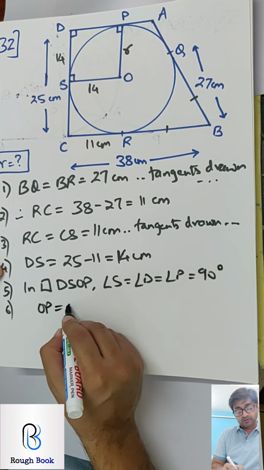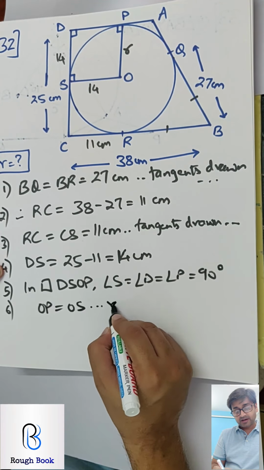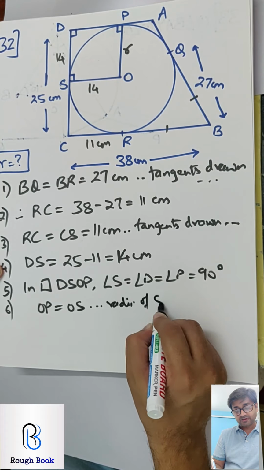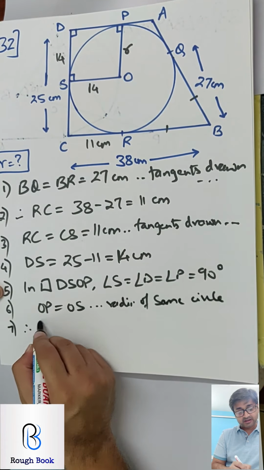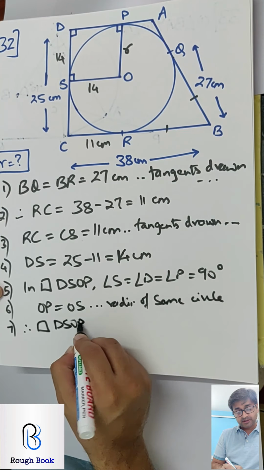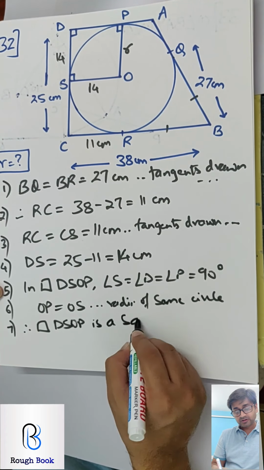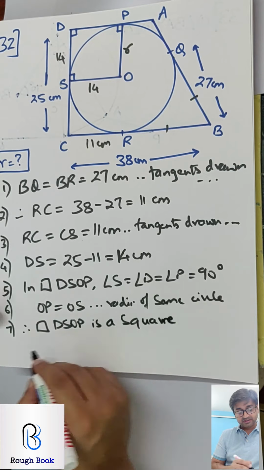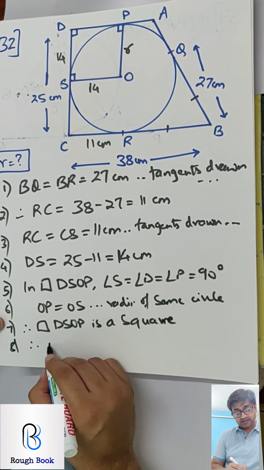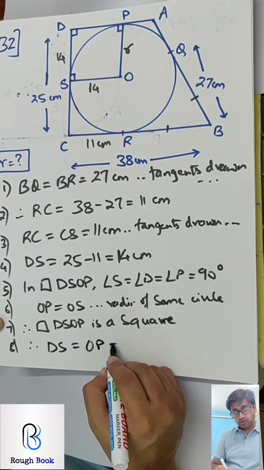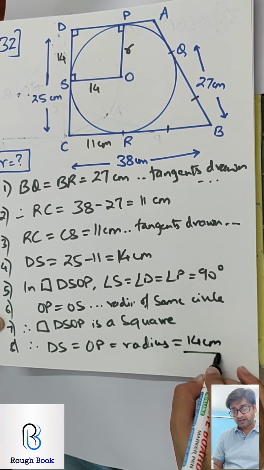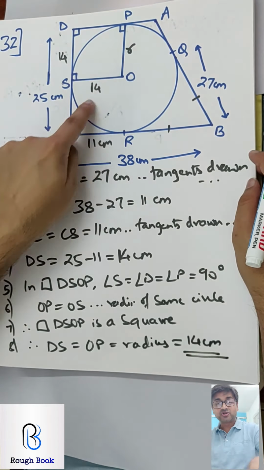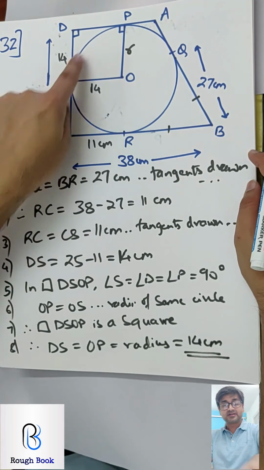Also OP equals OS, radii of the same circle. So since all angles are 90 and adjacent sides are equal, therefore DSOP is a square. And now since it's a square, I can say DS is equal to OP is equal to radius is equal to 14 centimeters. So we managed to get the radius of this circle.